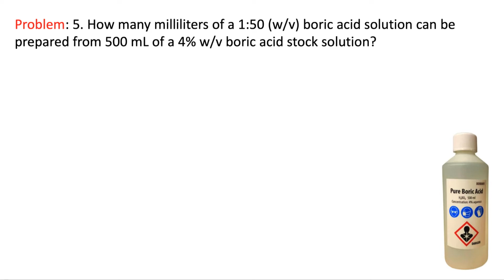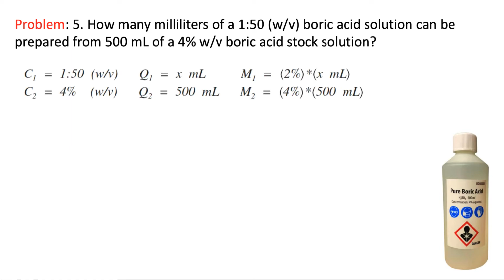But the way that we would approach any dilution is simply with the fact that we know that the concentration times the quantity is going to equal the concentration times the quantity afterwards, since in a dilution, mass doesn't change. So let's set up our formulas. We have C1, what we want is a solution that has a 1 to 50 concentration weight per volume, and we'll have some unknown X milliliters. We don't know how many milliliters we're going to have.